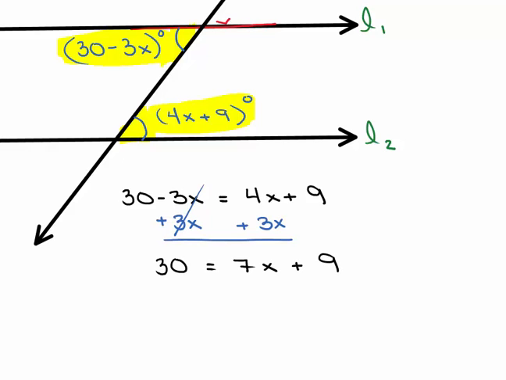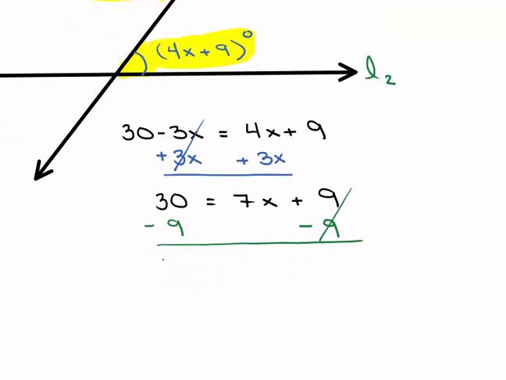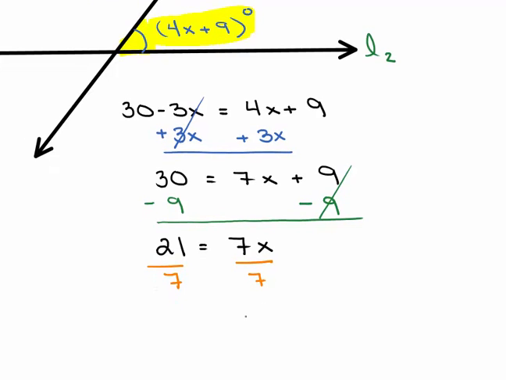We're going to get all of our constants to the other side of the equal sign, so we can isolate our variable. And now I'm going to divide both sides by 7, so I can get a coefficient of 1 in front of my x, in front of my variable. So we'll have here x is equal to 3.